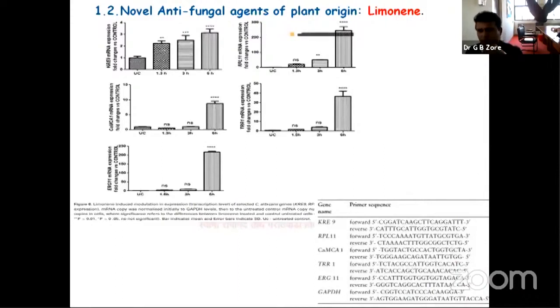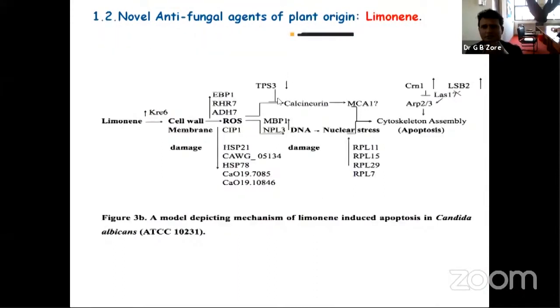Similarly, we evaluated the effect of menthol. Menthol is one of the most important and frequently used terpenes, used in the drug industry, the chocolate industry, even the tobacco industry.